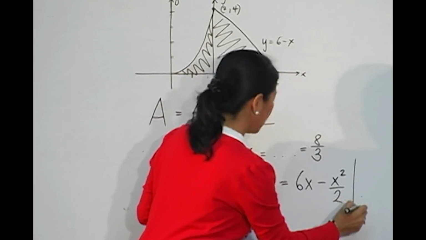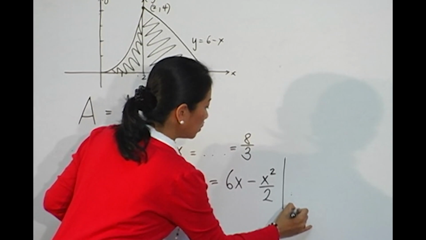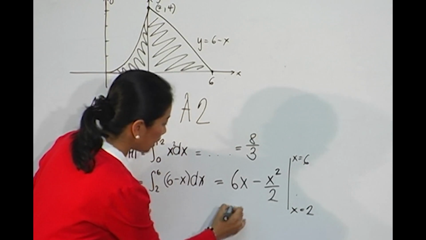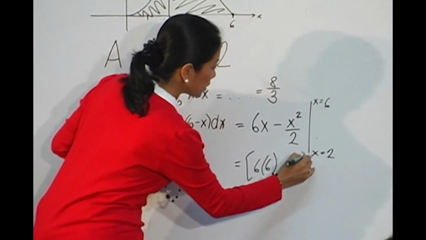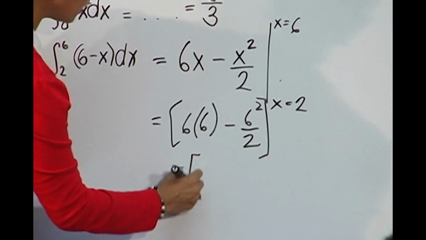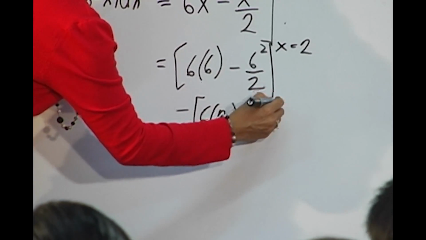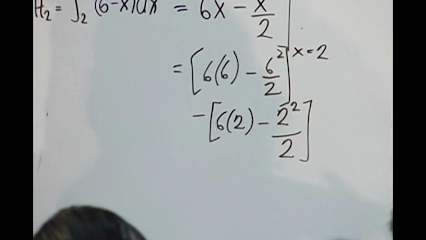And you want to evaluate from x equals 2 to x equals 6. So you want 6 times 6 minus 6 squared over 2, minus 6 times 2 minus 2 squared over 2. Okay?